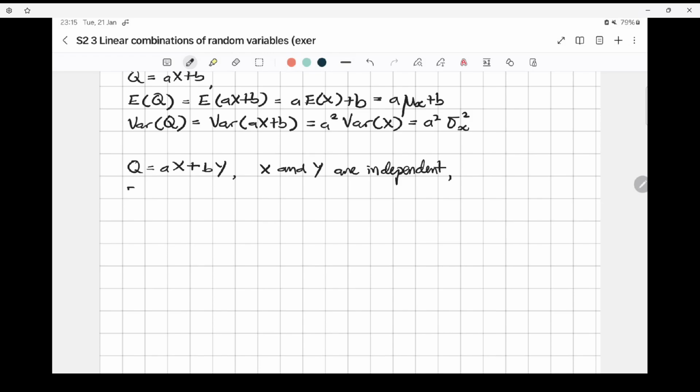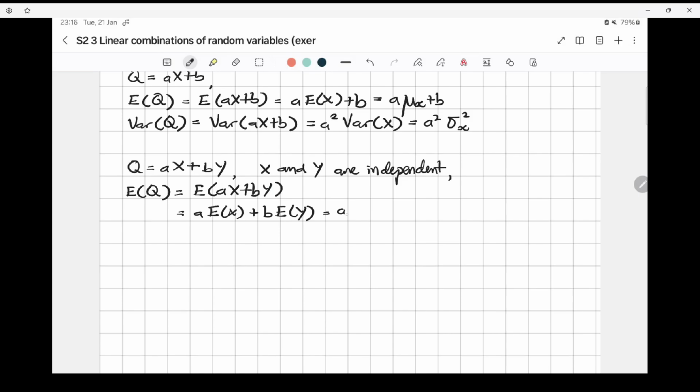Then E[Q] will be E[aX plus bY], which is the same as a E[X] plus b E[Y].